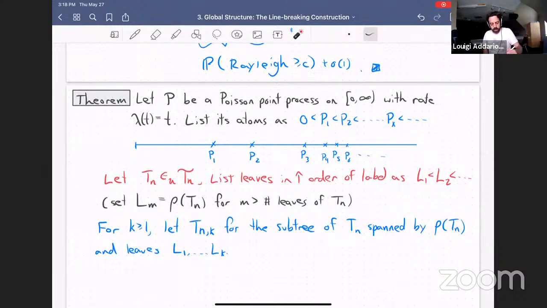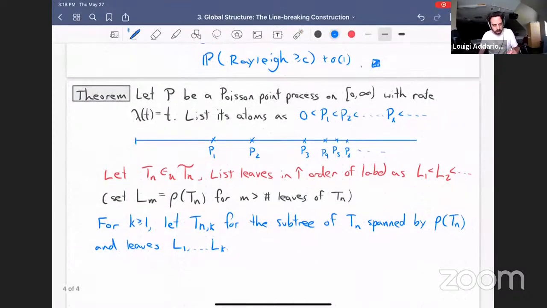Okay, so these are those same trees. Tn1 is just the first branch. Tn2 contains the first two branches, and so on and so forth. Okay, so is that definition clear enough? I could be a bit more formal here, but since I've already shown this to you before, I feel like I can get away with just saying the tree spanned by those vertices. Okay.